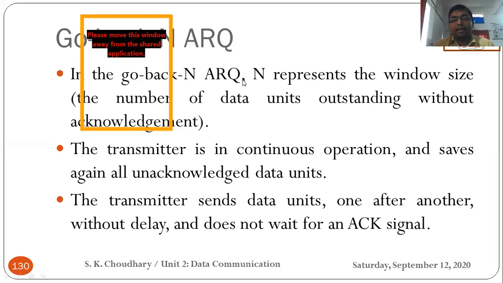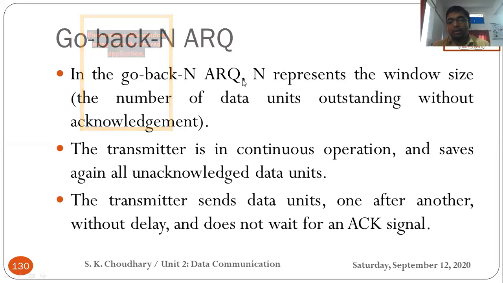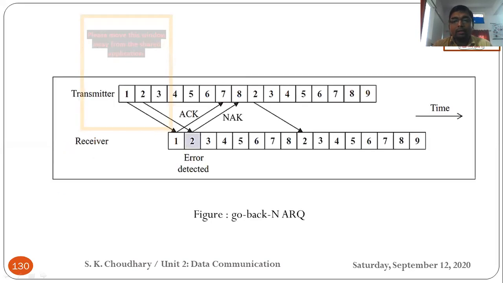The transmitter sends the data units one after another without delay and does not wait for the ACK signal. This is the difference between go back N ARQ and stop and wait ARQ. Stop and wait ARQ waits for the acknowledgement signal, but this does not wait, so the delay is reduced.